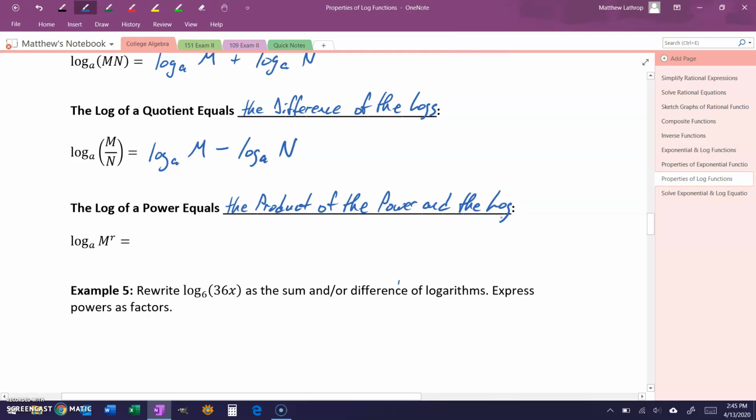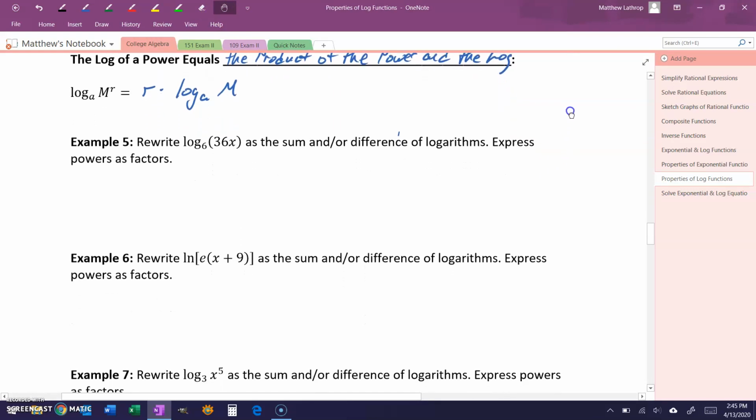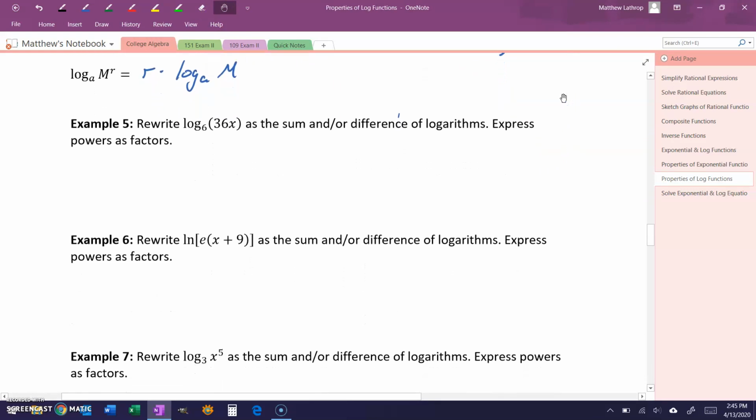Which essentially tells us that if we're taking the log of some expression with an exponent, we can rewrite that exponent as a factor in front to, in this case, get r times the log base a of just m. Each of these properties applies for any log function or any log expression and can be used in specific ways to rewrite or help us solve log equations.